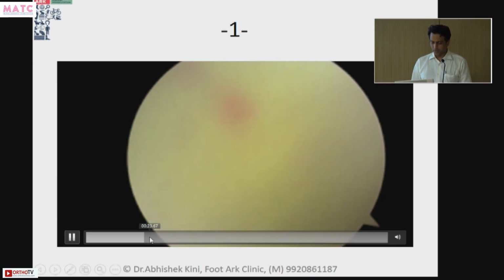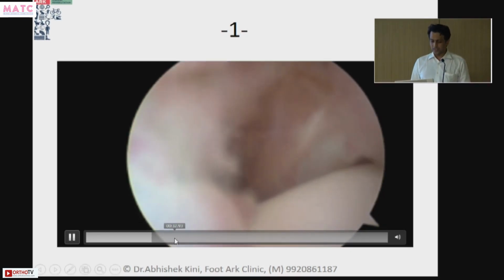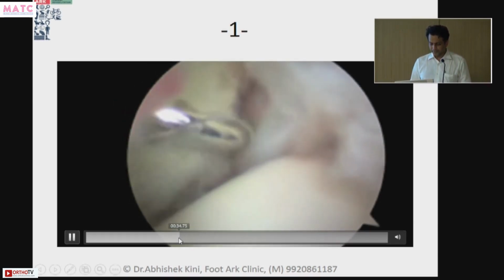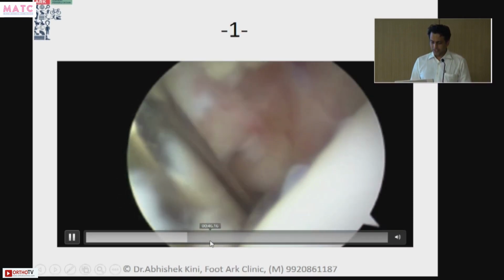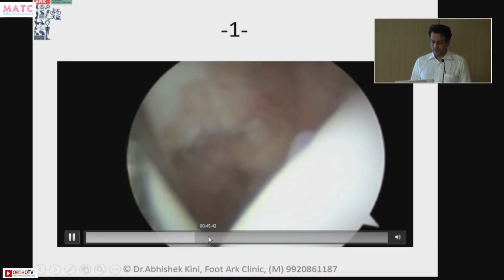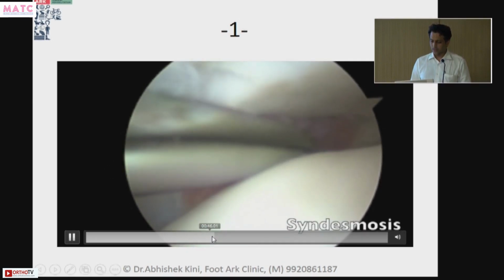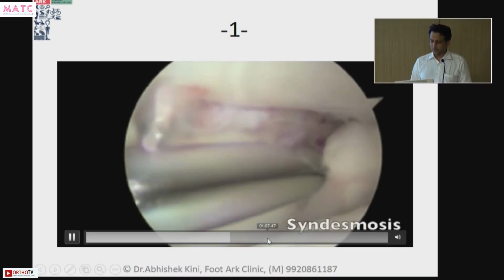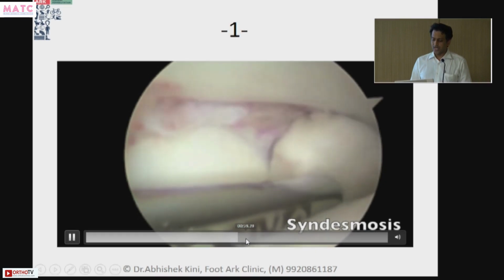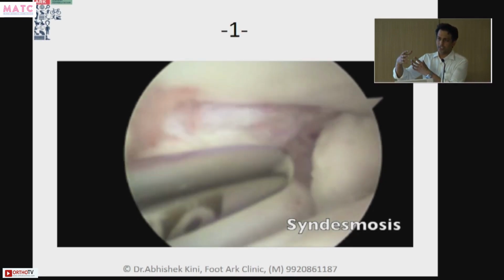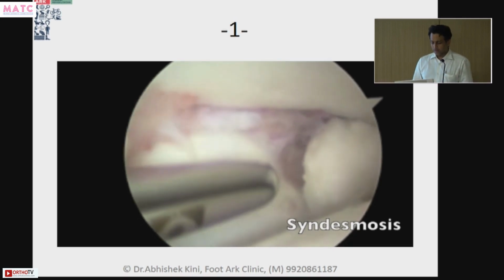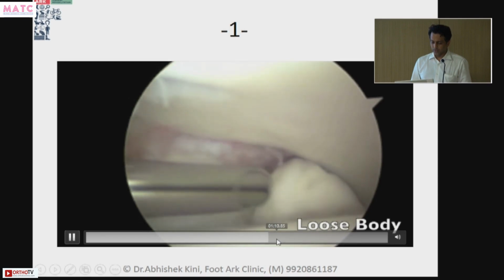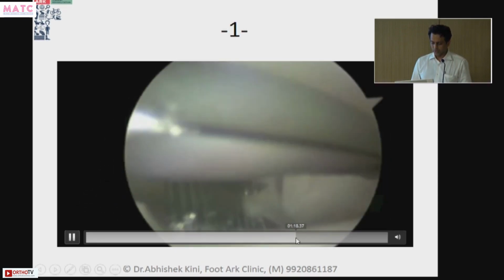So that's my lateral portal, and once you start debriding the synovitis, which is there because of the instability, as my shaver went in the syndesmosis, we could see the loose ossicle slowly peeping out. This is what it was, which actually didn't allow the syndesmosis to sit back in place. By now, it had become a loose ossicle, so we got the syndesmotic ossicle out.